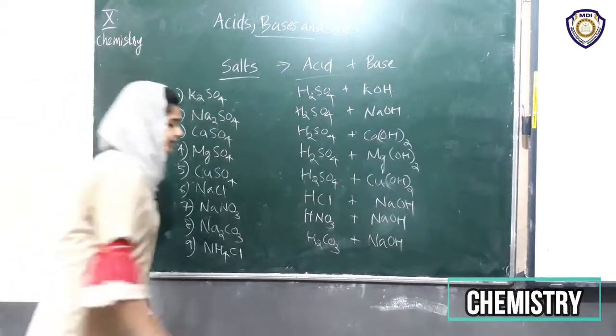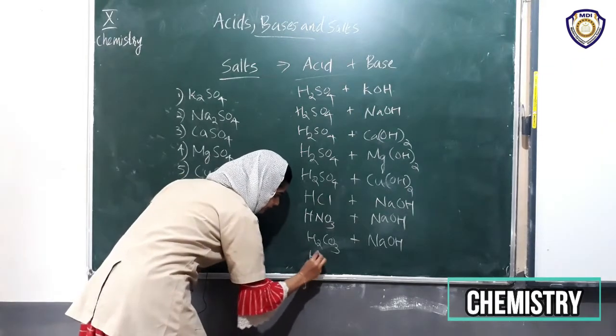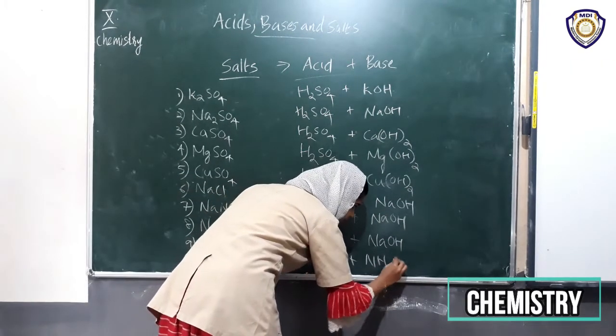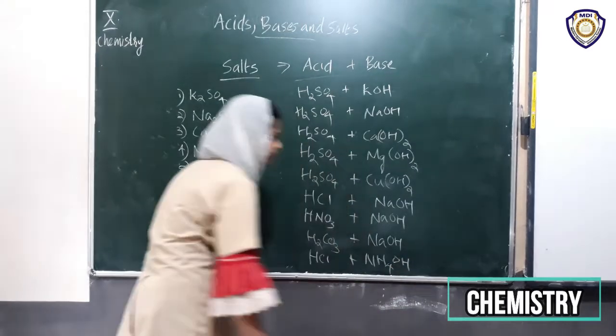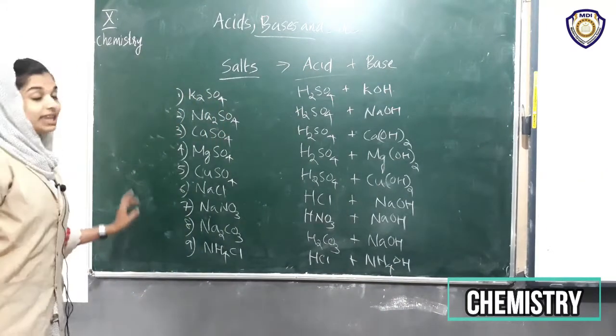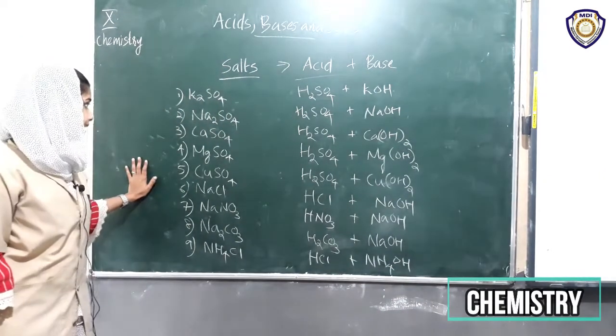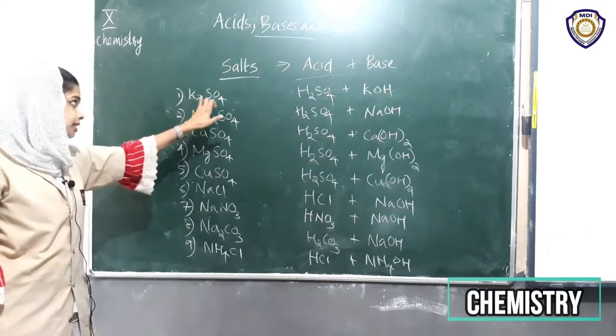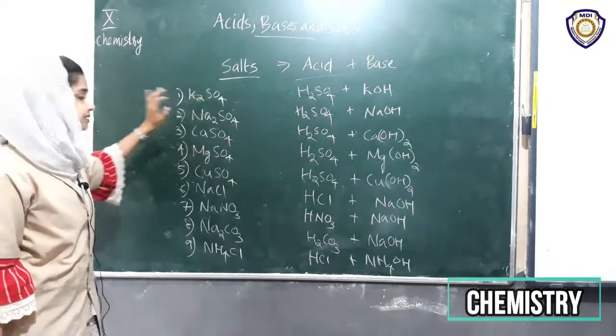Last, NH4Cl: it came from HCl and NH4OH. So we should say which acids and bases a salt is coming from by looking at the salt.